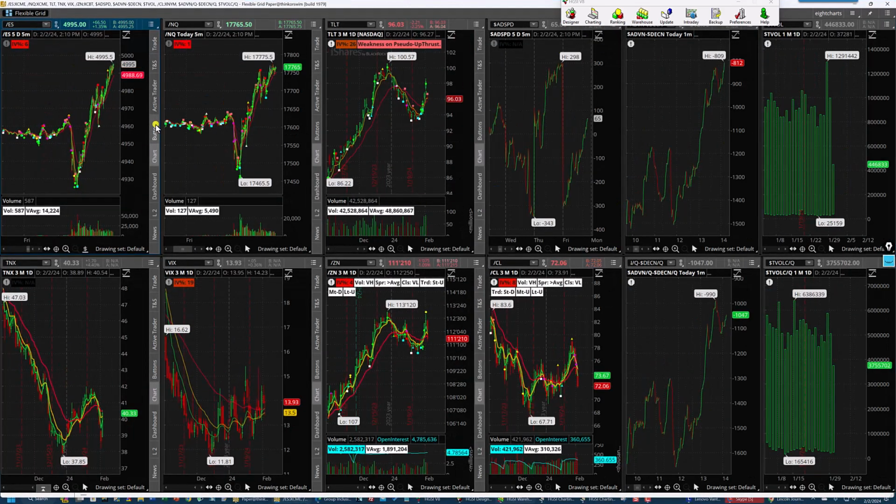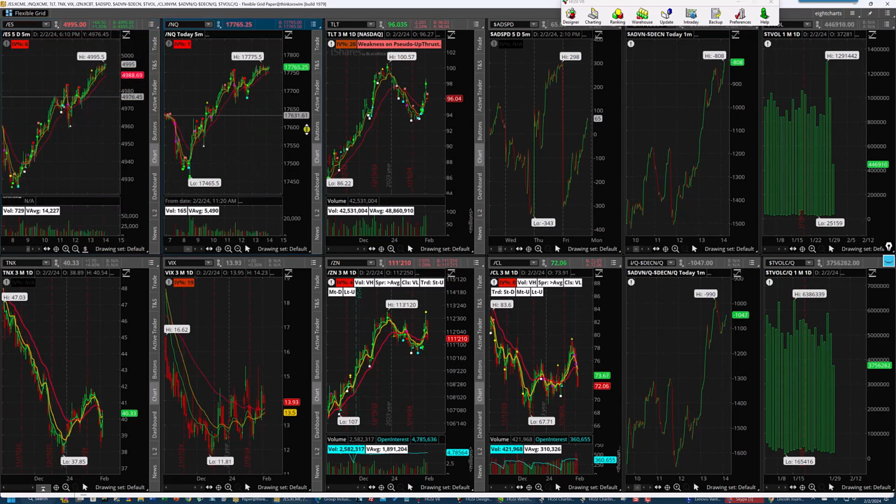The S&P, here's the S&P futures, here's the NASDAQ futures. You can see how strong these are, but yet look over here. The AD line on the NYSE was clear down around minus 1500.